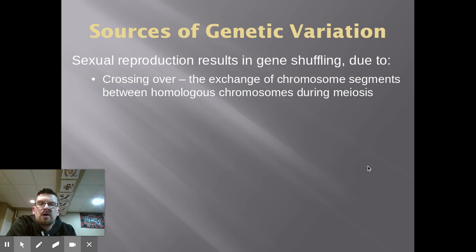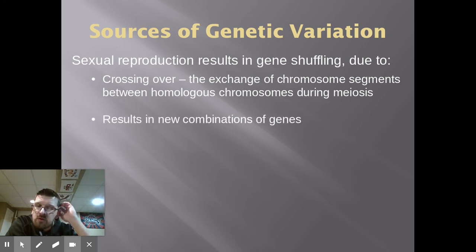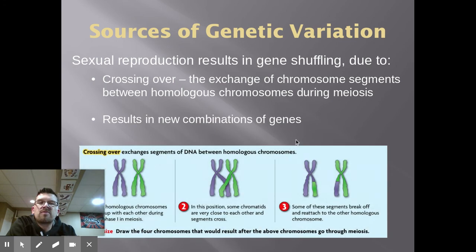Another method that gene shuffling can take place in, and one that you may have mentioned in middle school, is this process called crossing over. So when your chromosomes are forming during this process of meiosis, sometimes they break off, and when they're forming, they create these new combinations of genes.